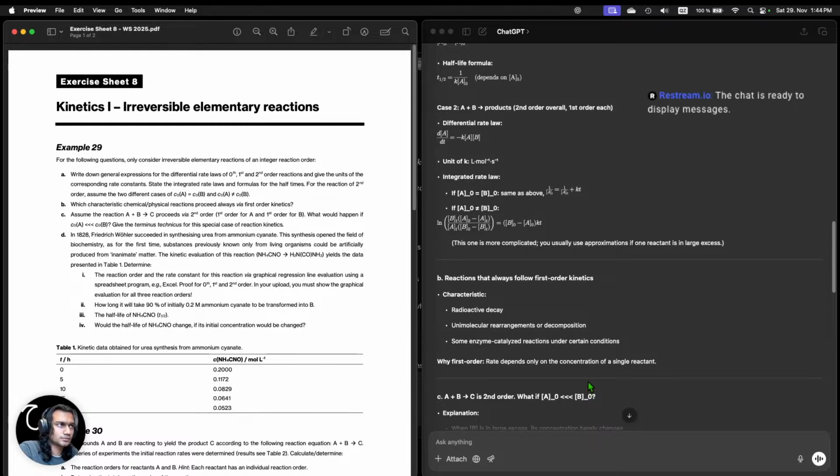That's first order. Terminus technicus for this special case of reaction kinetics.